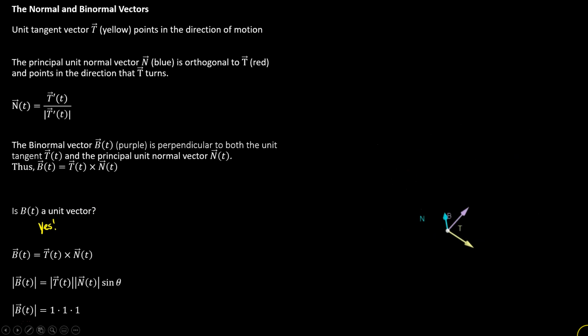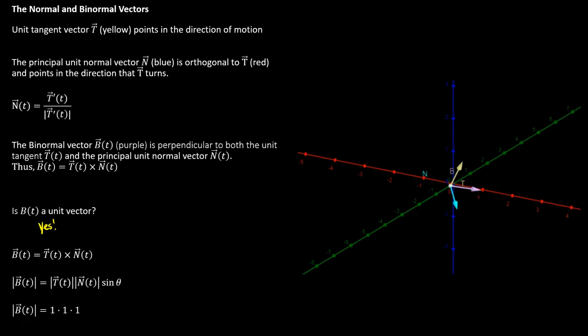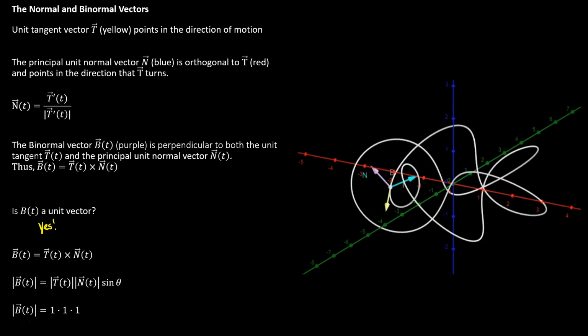That's what you're seeing in this animation on the screen. These three vectors, the yellow, the blue, and the purple, are orthogonal to each other, just like x, y, and z are. But they're allowed to move freely with the point that's moving along the curve. Notice that these three unit vectors are moving in space even though the x, y, z axes are fixed in one spot.